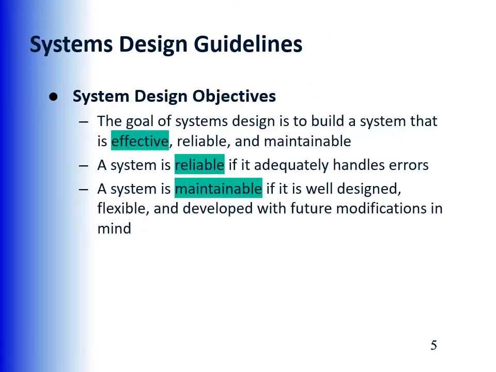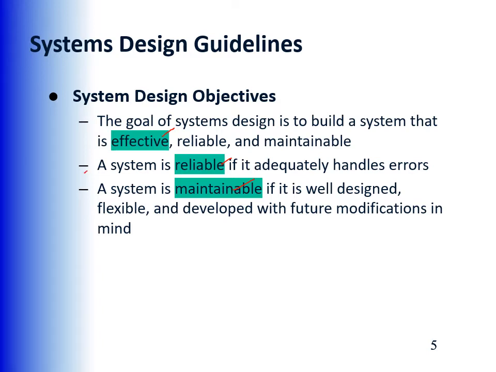What is the objective of system design? Basically, the goal of system design is to build a system that satisfies business requirements. A successful system must be effective, reliable, and maintainable. A system is effective if it produces the output that users want, meaning that the system's functionalities support the business requirements and meet user needs.